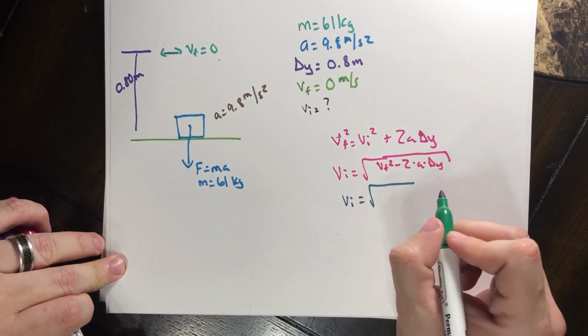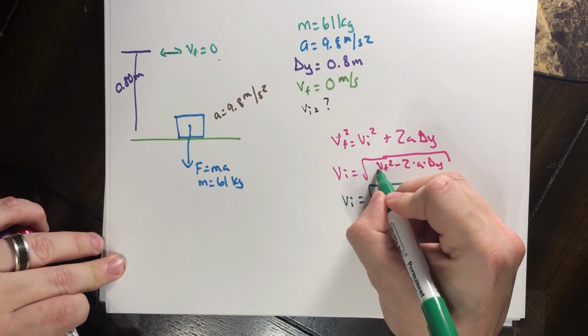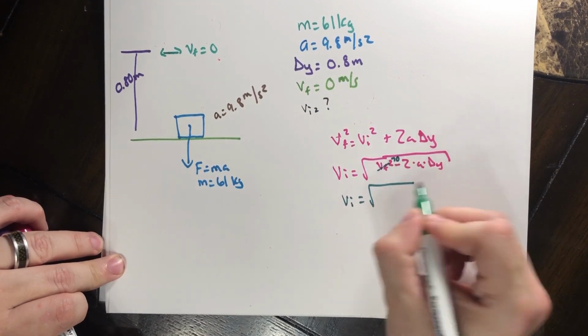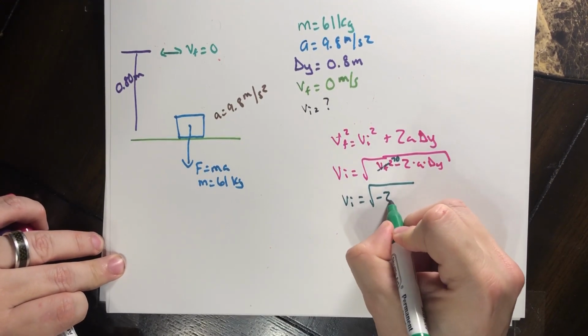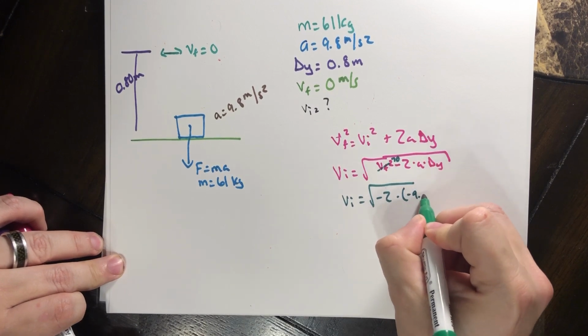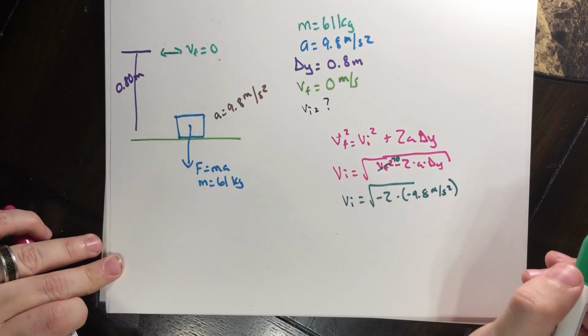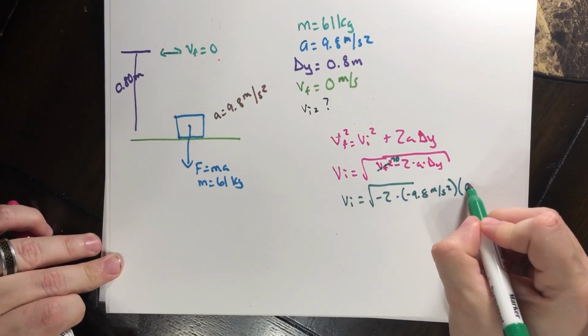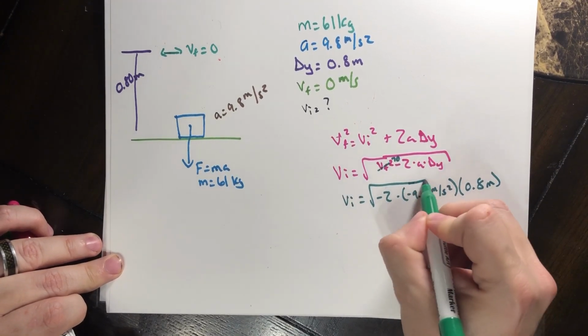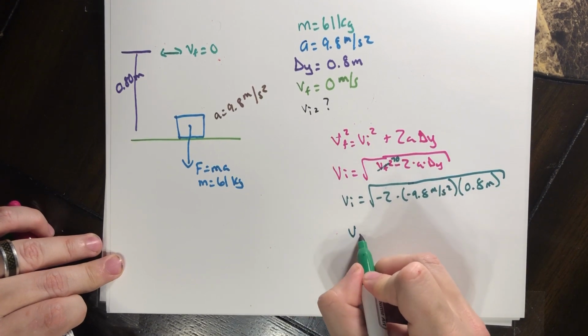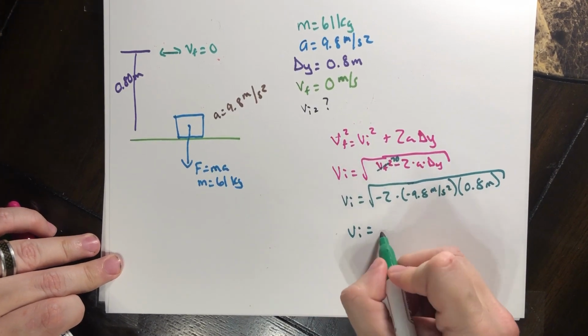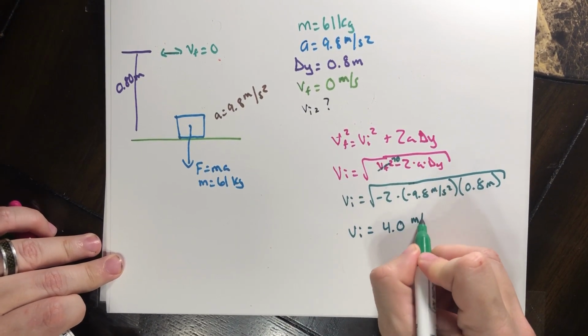Well, final velocity we know was 0, so we don't have to write that down here. We have negative 2 times negative 9.8 meters per second squared, because don't forget, gravity always acts down, times 0.8 meters. And if we plug all that into our calculator, we get a velocity of 4.0 meters per second.